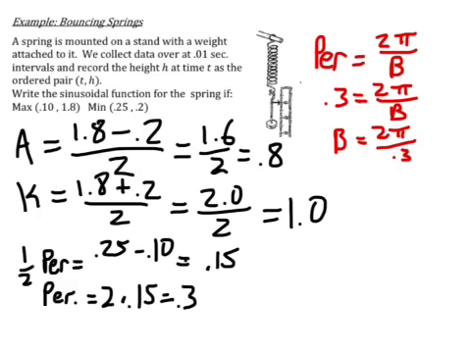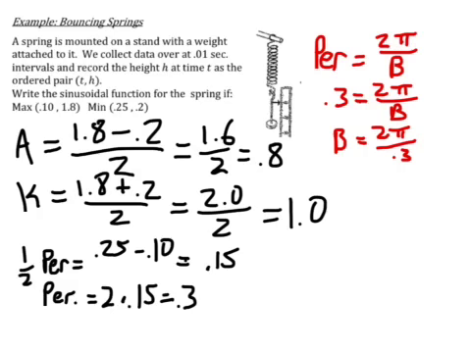The only thing we need is our horizontal shift, and that's going to come from this. So we know we have a maximum at 0.1, 1.8, and so that time right there is going to be our horizontal shift. Since we're going to use a maximum here, if we use a cosine function, then we are going to force a maximum here.